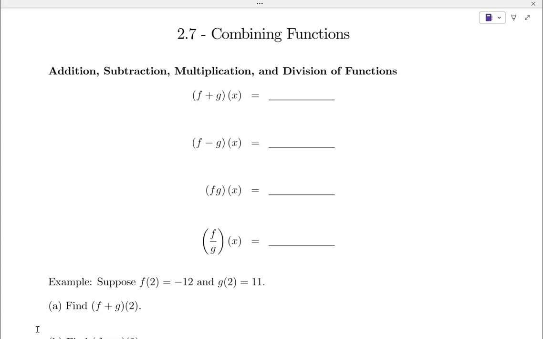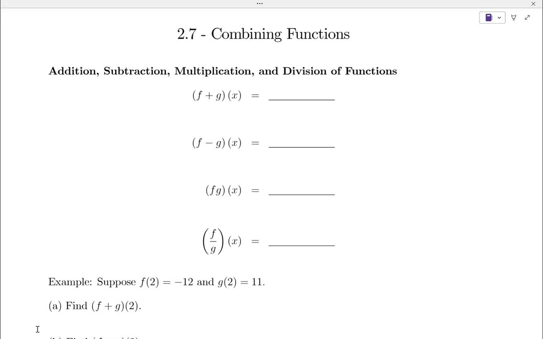Talking about how do you add two functions together, how do you subtract two functions, multiply and divide two functions. So we'll go through those definitions, do some examples, talk about how we look at domains of these things, and then we'll get into another operation of combining functions that's a little bit more involved. So these hopefully will be relatively straightforward when we talk about how to do these four arithmetic type of operations.